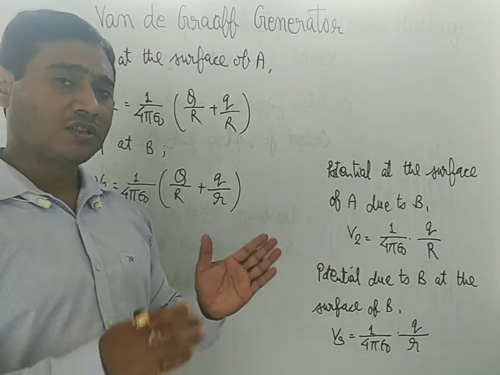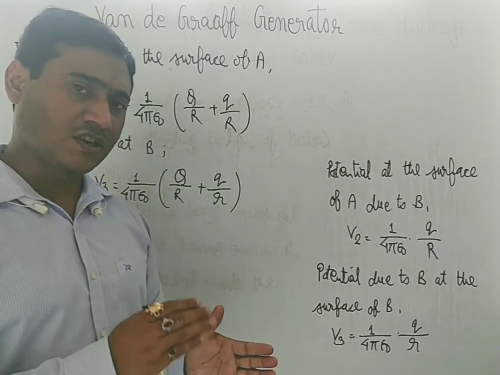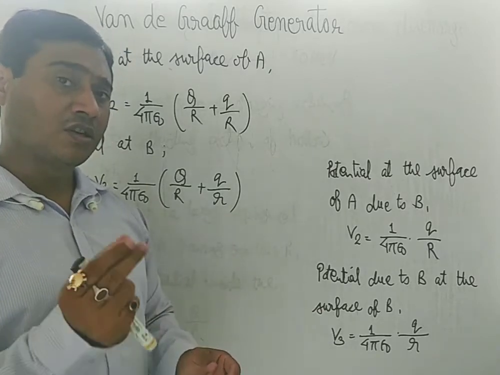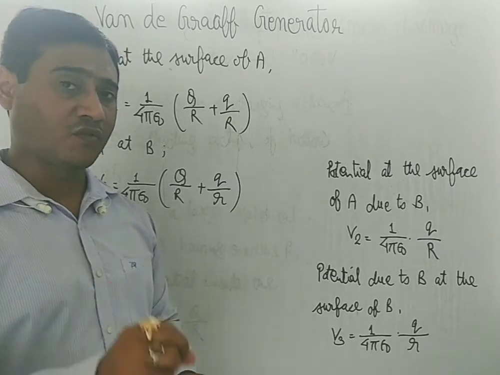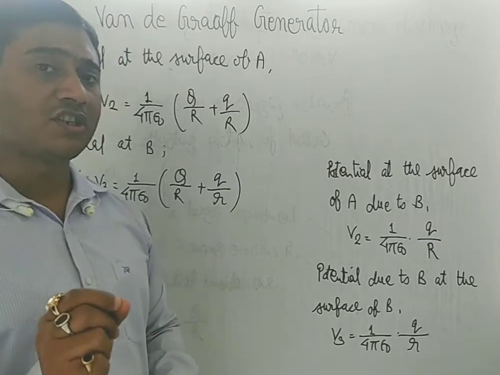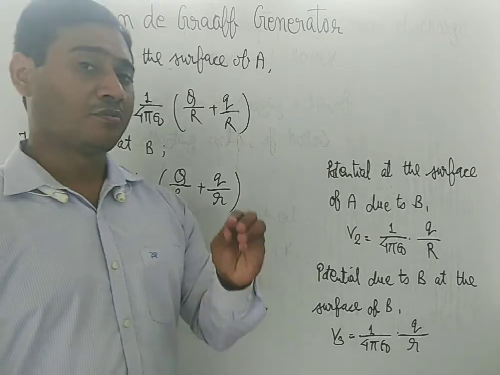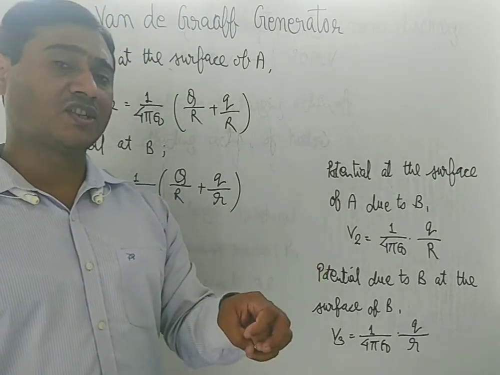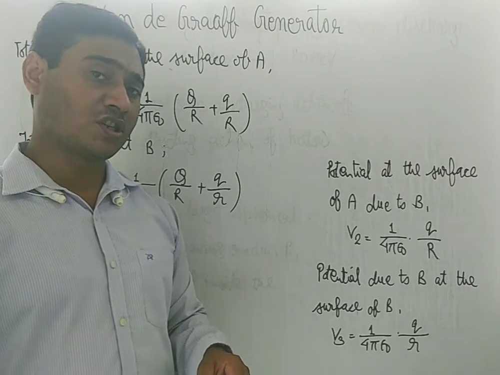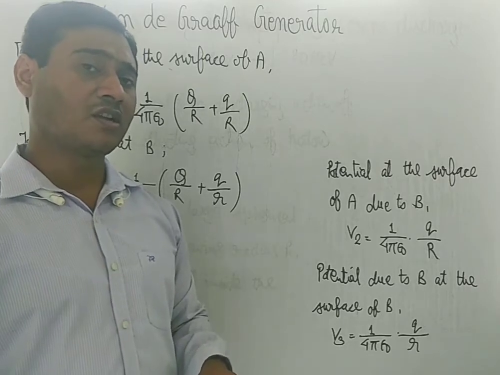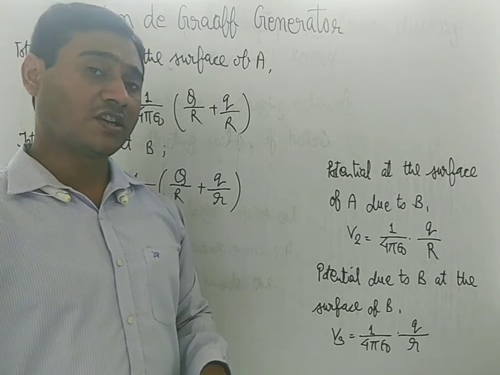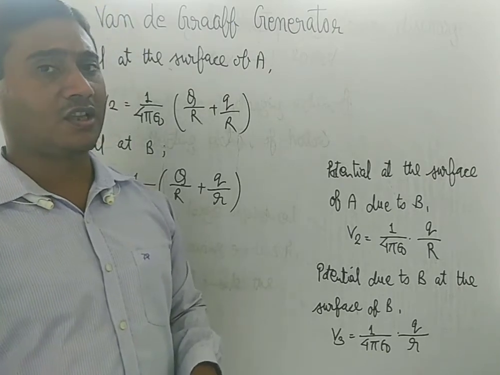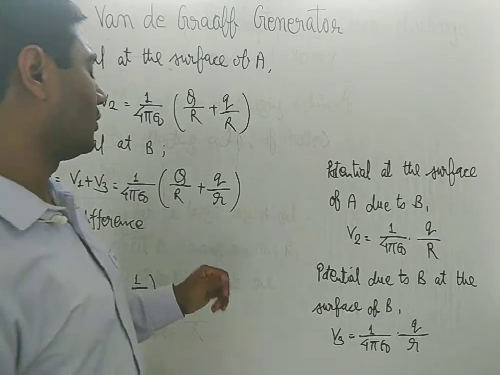So this way the metal sphere discharges, and those charges which are passing through the conducting wire connecting B and A are being collected by the conducting shell A. So this is the working principle.